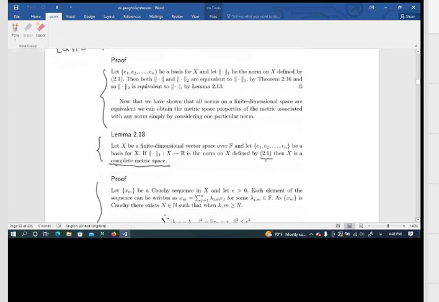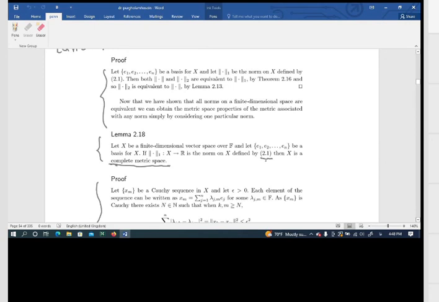So, lemma 2.18 says that in a finite dimensional vector space, norm 1 for a basis like e1, e2, ..., en is complete.